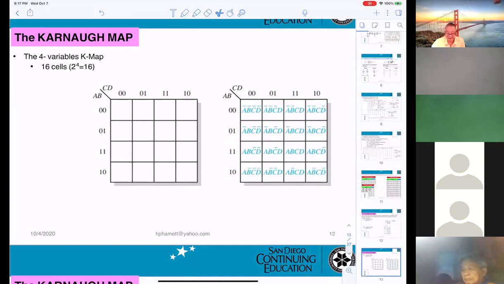Okay, on the top, the first digit is for C, the second for D. On the left side is for A, right side for B. Can you tell me what the product is in here?